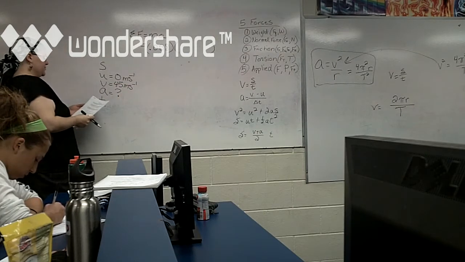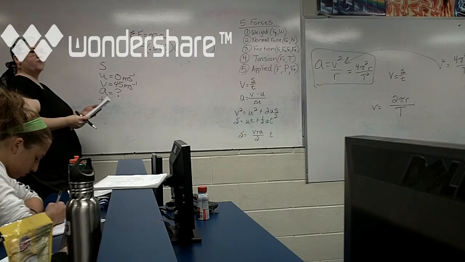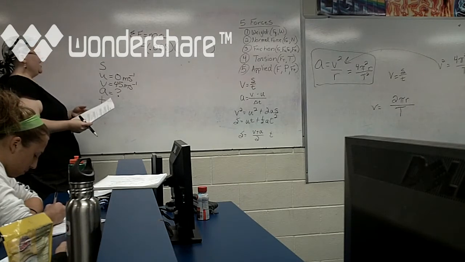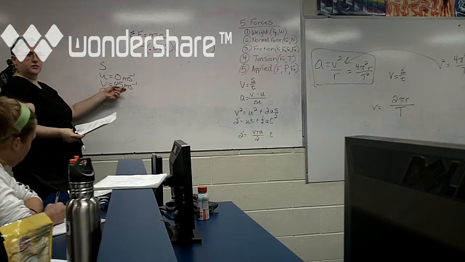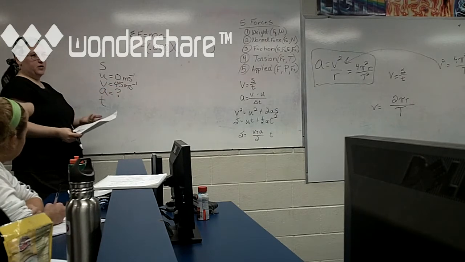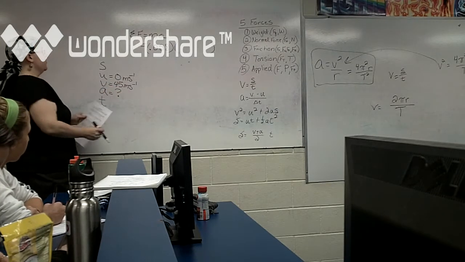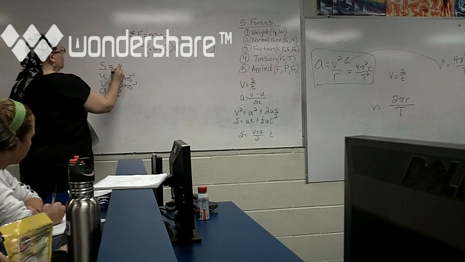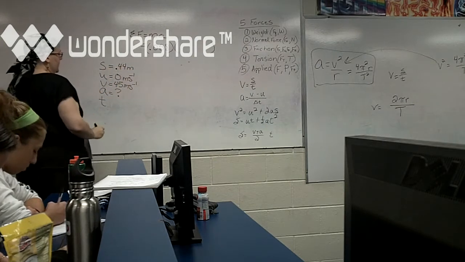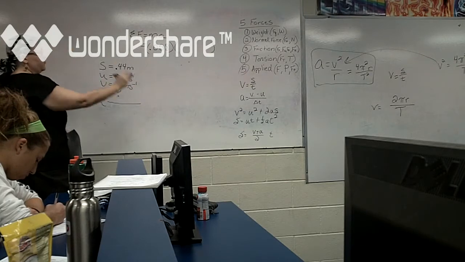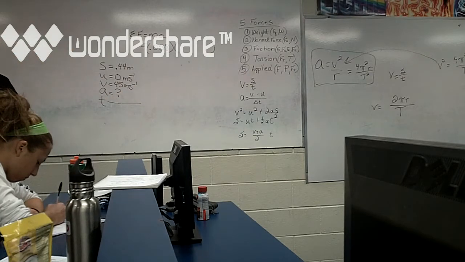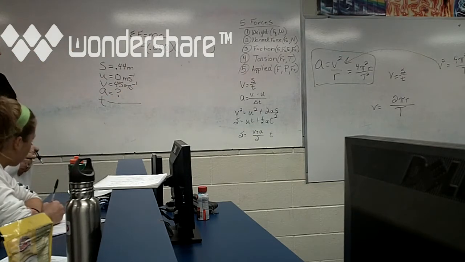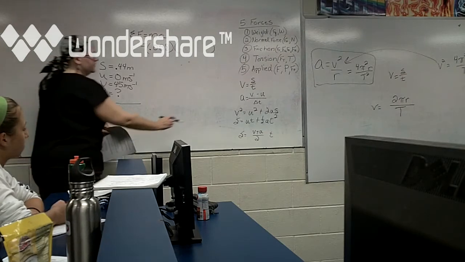The impact with the racket gives the ball a constant acceleration over a distance of 44 centimeters. I'm pretty sure with the speeds being in meters, we need that to be in meters. So we're going to say that that's 0.44 meters. We don't have time, so I need a formula with no t.